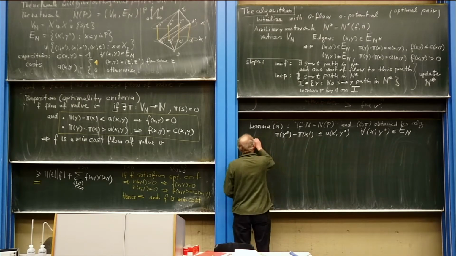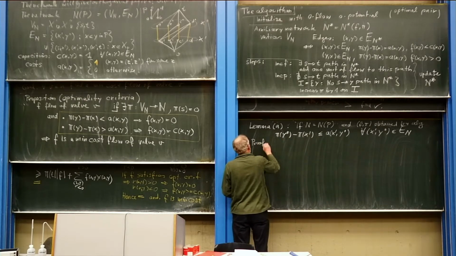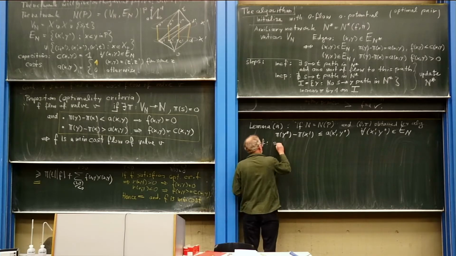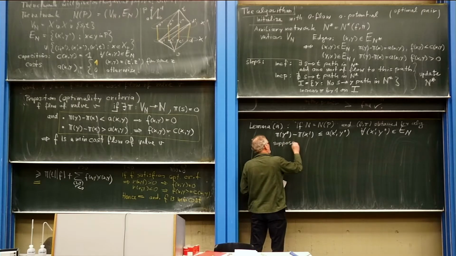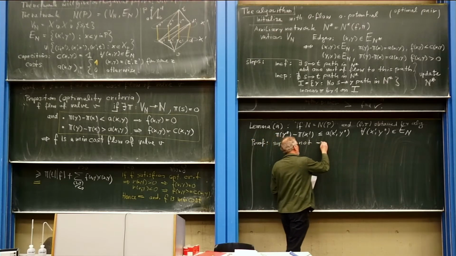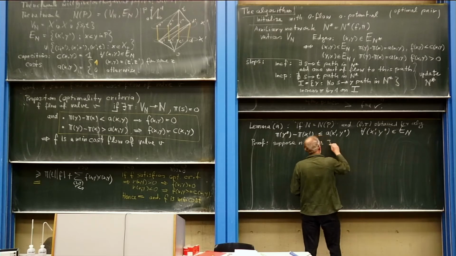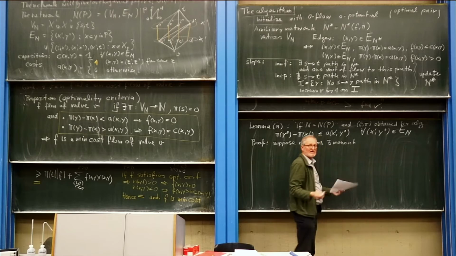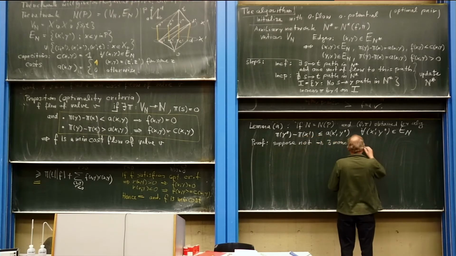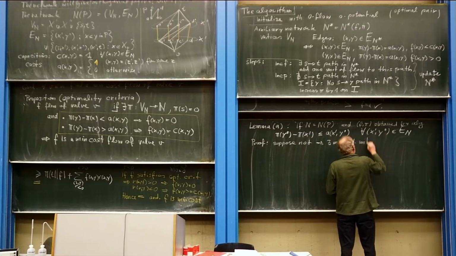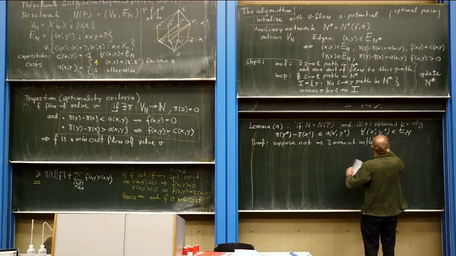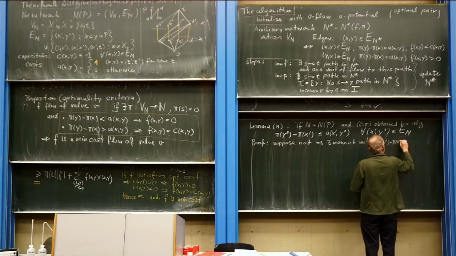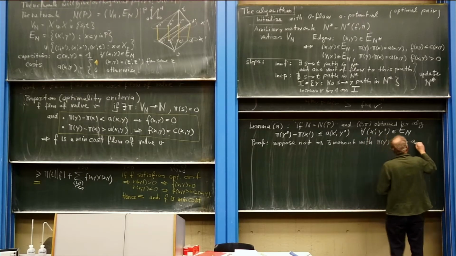Where does it come from? Well, suppose not. Then we can say there is a moment during the execution of the algorithm where this difference on the left side equals the cost.